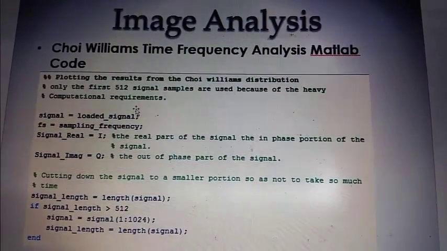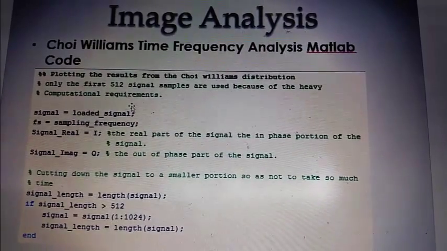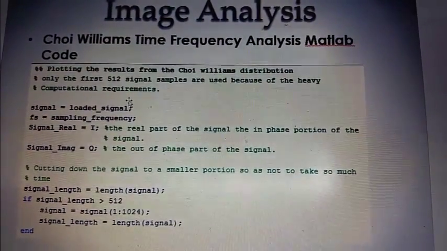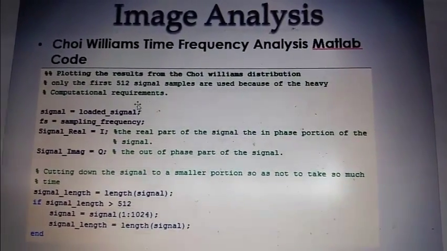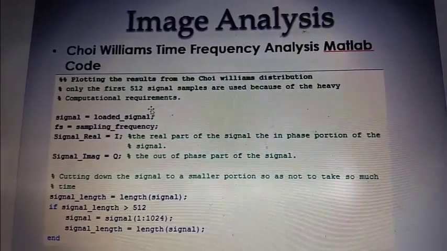And in that processing, we have the Choi-Williams distribution, the time frequency analysis. First off, we know that we can't only look at the time domain. We can't only look at the frequency domain.